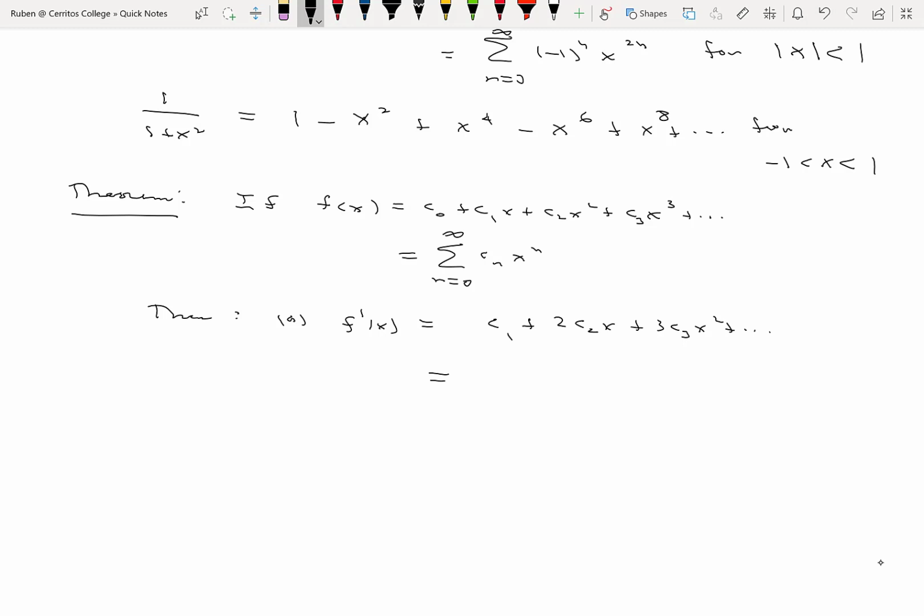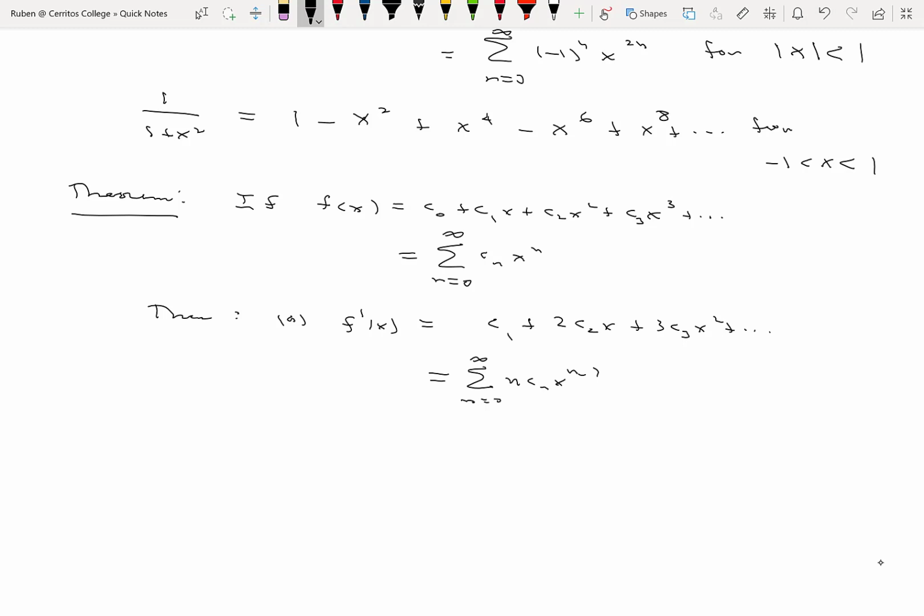We can simply take the derivative of the series term by term in sigma notation form. So the derivative of c sub n x to the n is n c sub n x to the n minus 1, and n goes from 0 to infinity.